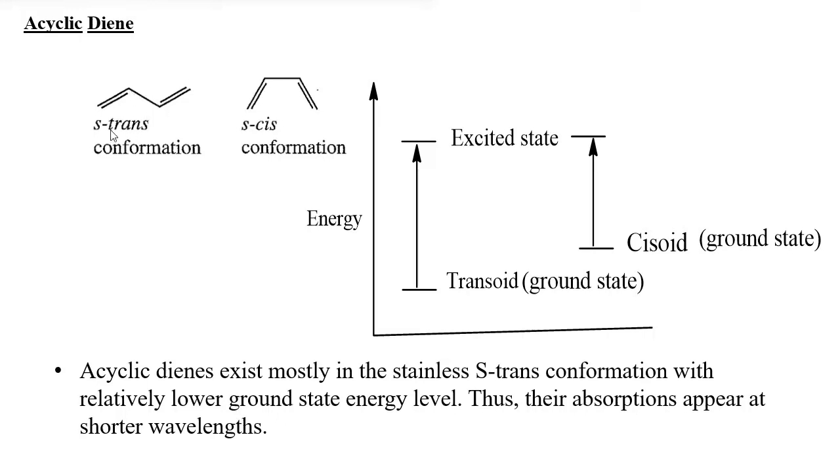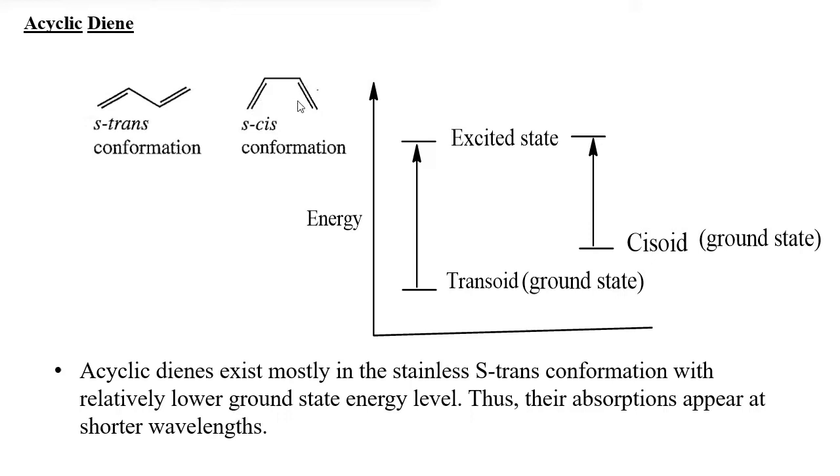It is S-trans conformation where the double bonds are oriented along the opposite sides of the carbon-carbon single bond, and it is S-cis conformation or cisoid conformation in which the double bonds are oriented along the same side of the carbon-carbon single bond.